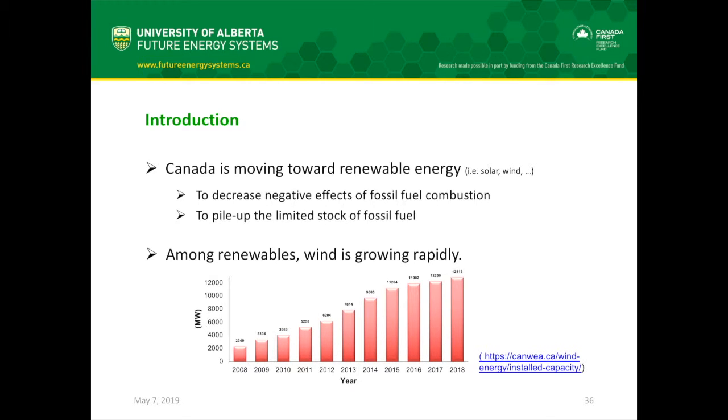As we can see from the figure, wind energy is growing rapidly in Canada. From 2008 to 2018, the total installed capacity increased by 12 gigawatts for wind energy, and that represents 60% of the total energy production in Canada.